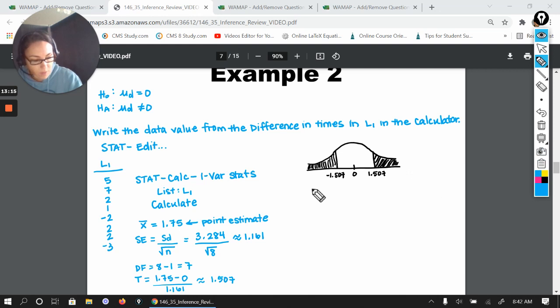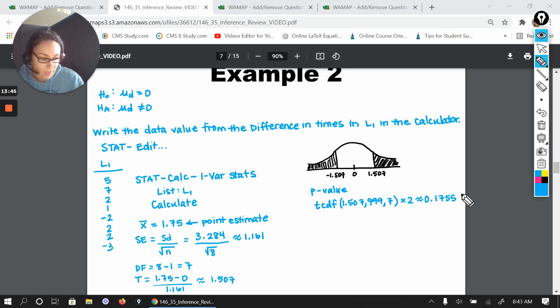So when we want to find the p-value, we use the tcdf command, and we type in 1.507, 999, 7 degrees of freedom. We multiply this answer by 2 because we are doing a two-sided or two-tailed p-value, and this is approximately 0.1755.